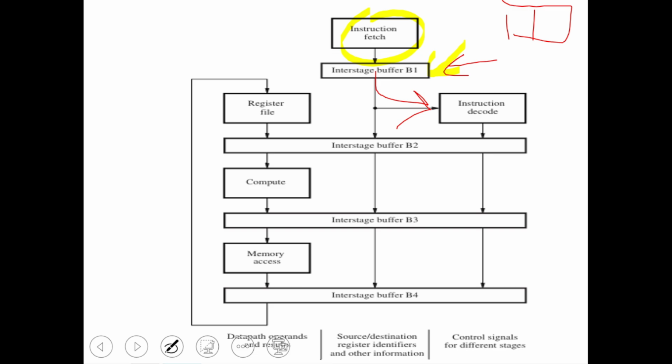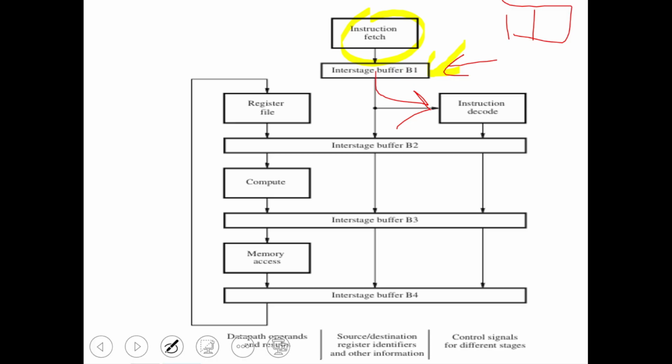And after that, it goes to the second phase called instruction decode. Here, the fetched instruction is decoded, and it is determined what operation must be performed, whether it is addition or incrementation or decrementation. Whatever the instruction may be, it is decoded.